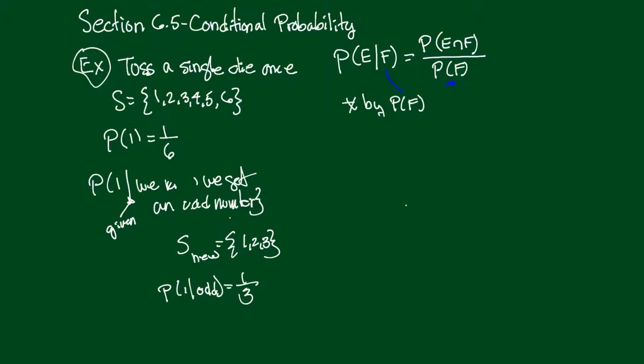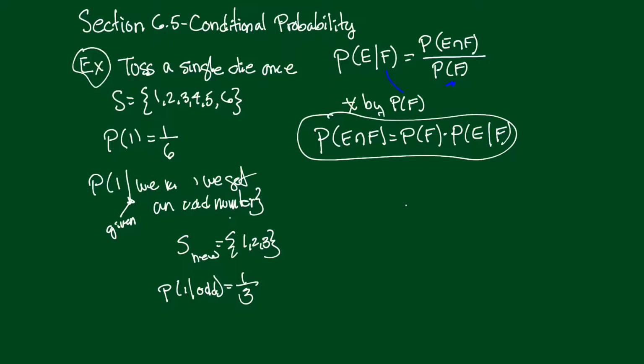So let's do this. Let's multiply both sides by this denominator. Multiply each side by the probability of F. So I'm going to put that probability of F up here, and when I multiply it over here, it's going to cancel. So I'm going to write this. I'm going to say then that the probability of E and F is equal to the probability of F times the probability of E given that F has already occurred.